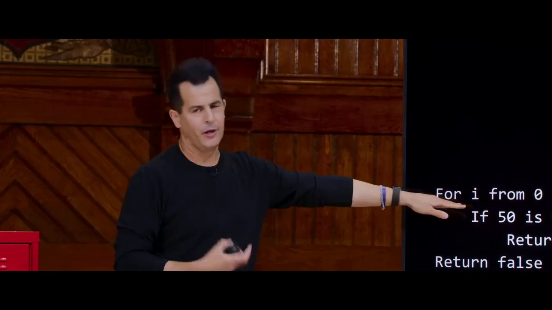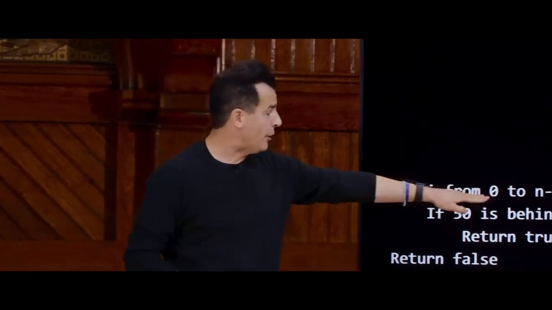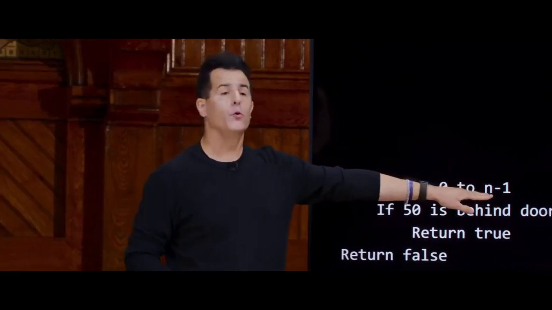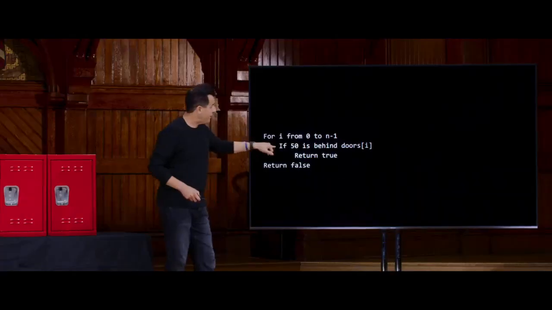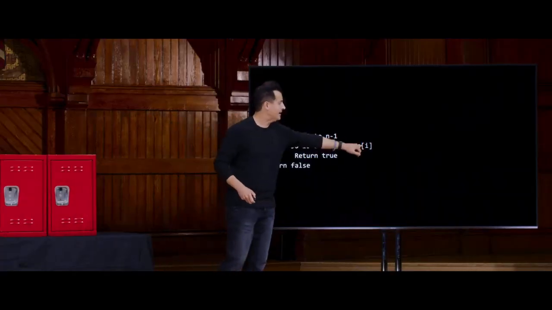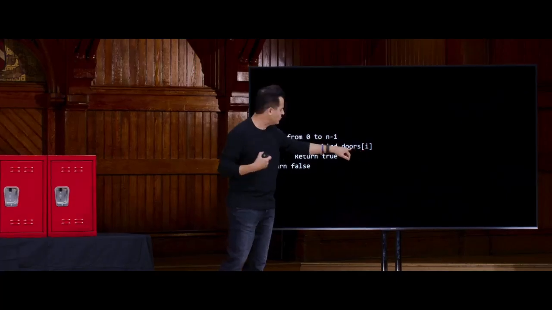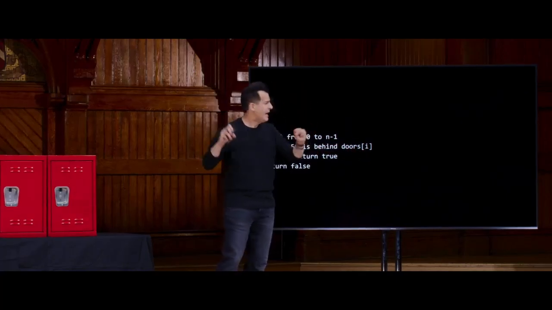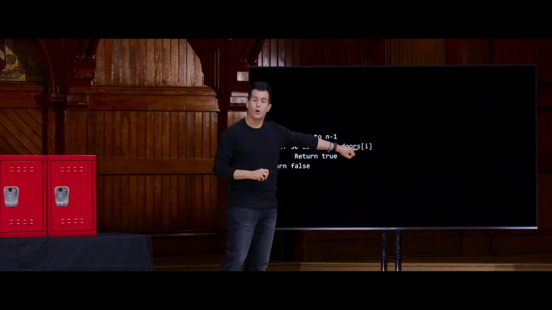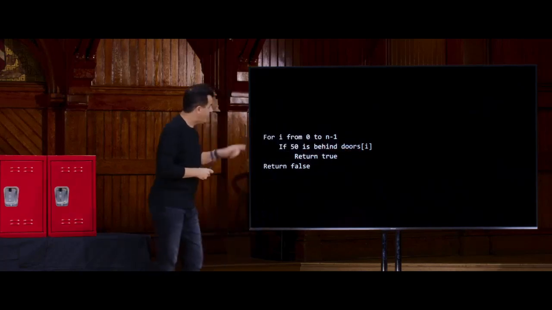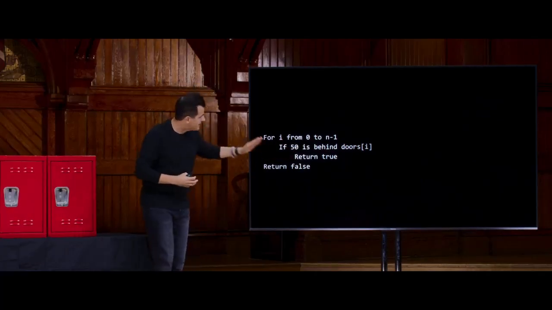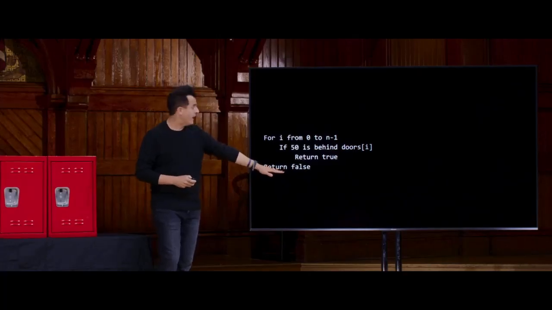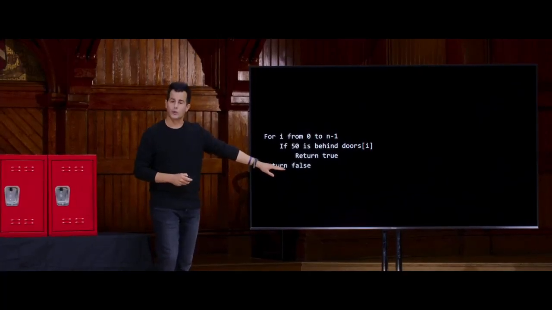So for i, a variable apparently, from the value 0 on up through the value n-1 is what this shorthand notation means. If 50 is behind doors bracket i, so to speak, so now I'm treating the notion of doors as an array using our notation from last week. If 50 is behind doors bracket i, return true. Otherwise, if you get through the entirety of that array of doors, you can still return false.